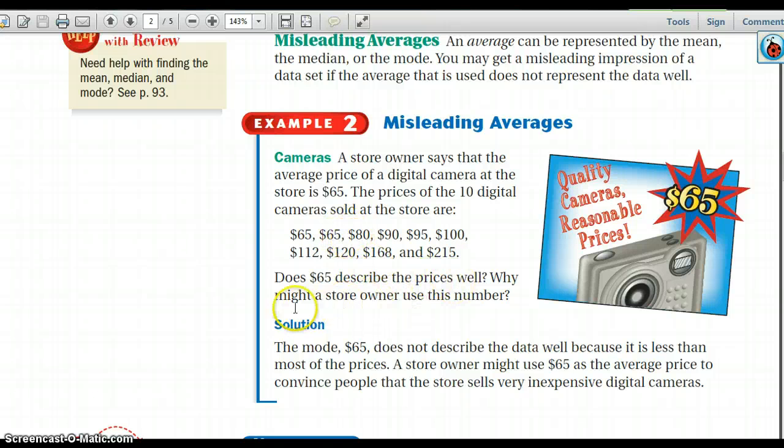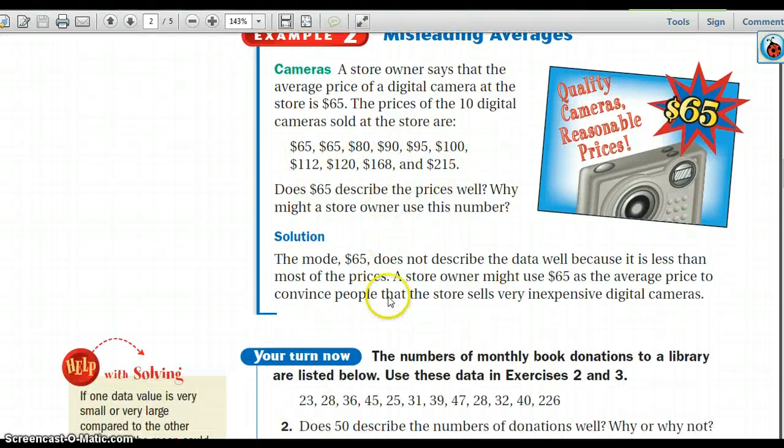So it does not. They basically want to get you into the store. They're not lying by telling you that this price is $65 and that's their average, because they're using the mode for the average. But we know from looking at the rest of the data that most of the cameras cost quite a bit more, and there is a higher end camera that actually is more than double the cost of the inexpensive cameras.